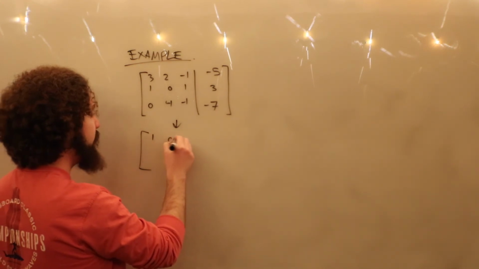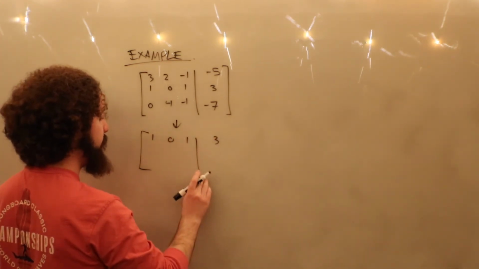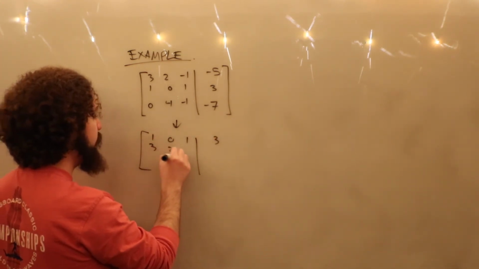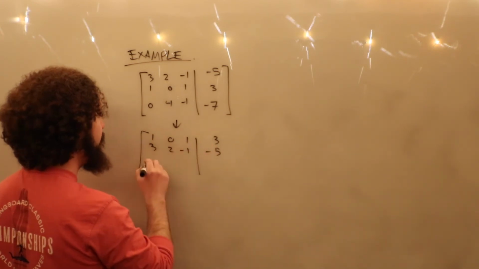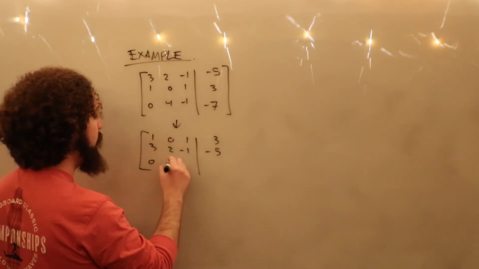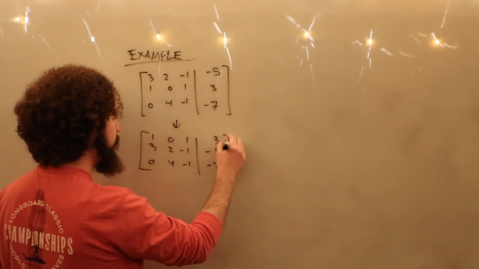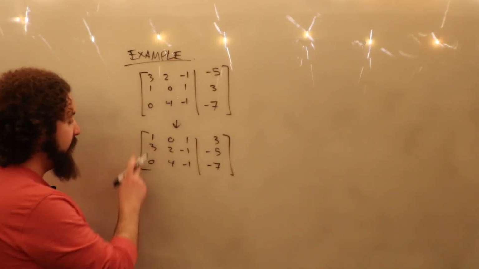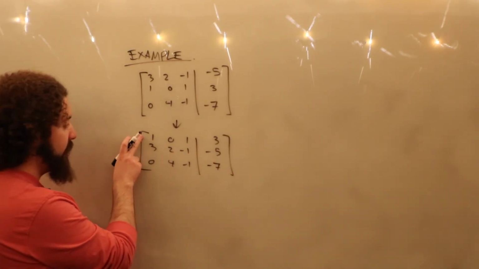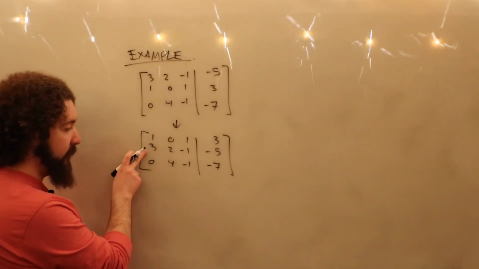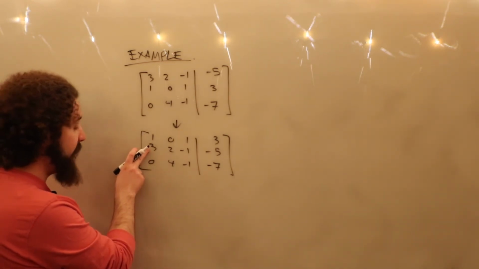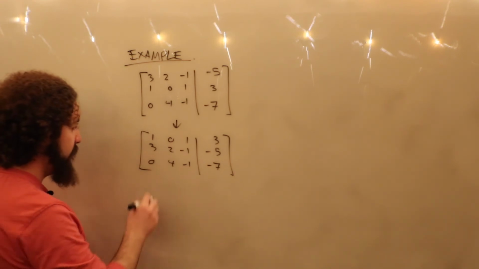So then we'd have 1, 0, 1, 3, 3, 2, -1, -5, and 0, 4, -1, -7. All right, now let's try adding -3 times row 1 to row 2 and replacing it.